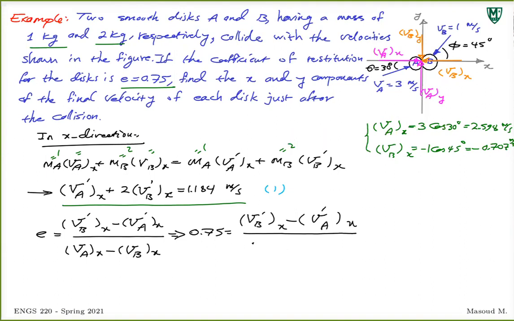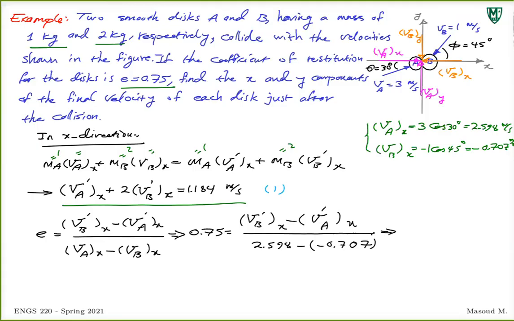VAX we found there is 2.598. VBX minus 0.707. All right.